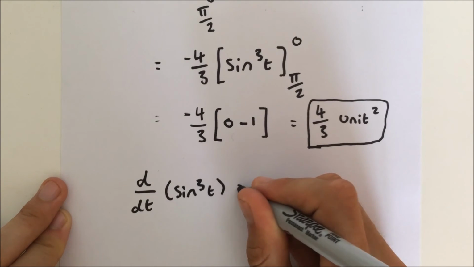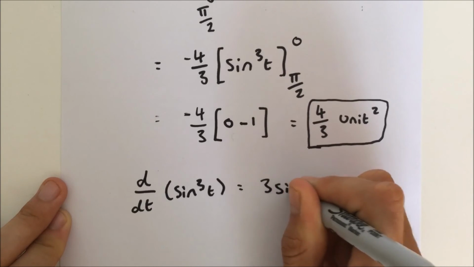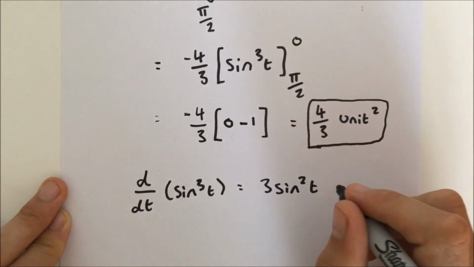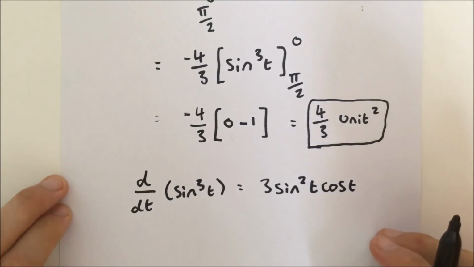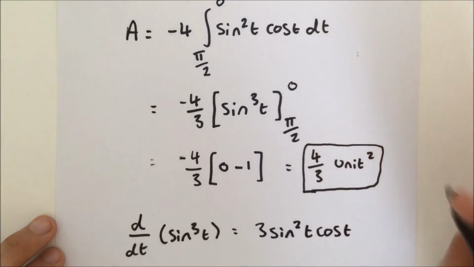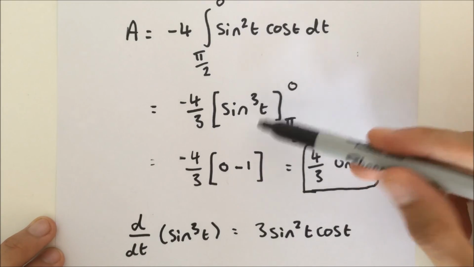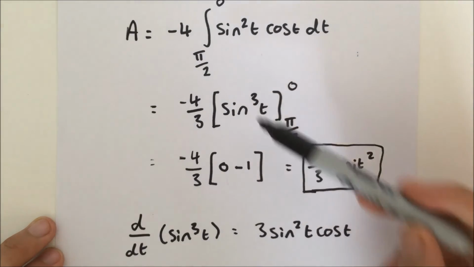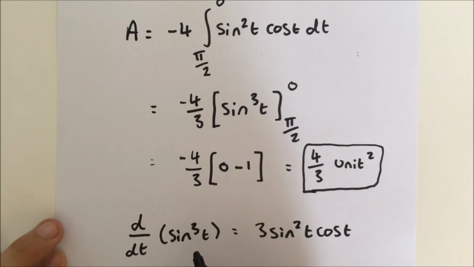Well, simply by using the chain rule, we get 3 sine squared of t, and differentiating sine, we get cosine of t. Now look at that. Can you see a relationship? The integrand is that, and the integral we get is sine cubed of t. But there's a difference. We have an extra 3. So all we need to do is simply put 1/3 sine cubed t.